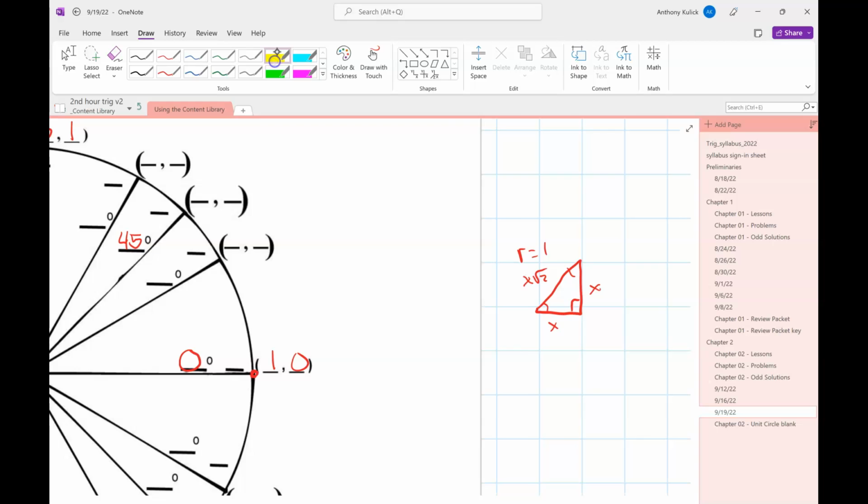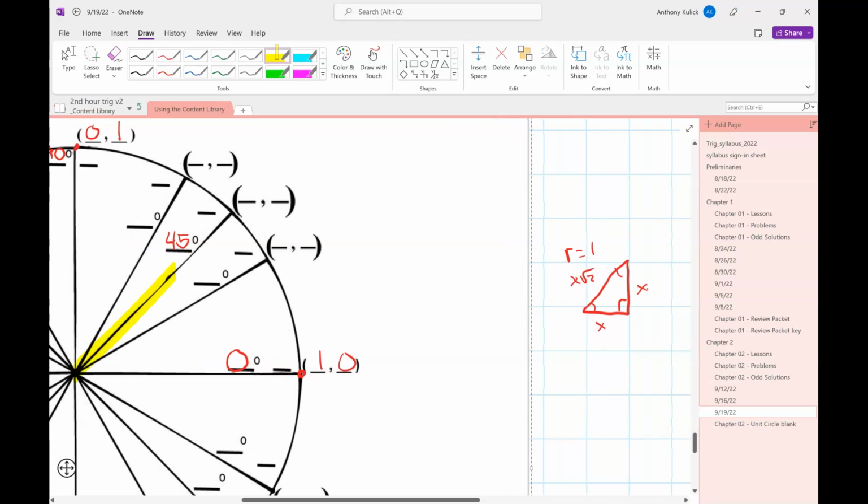Because what I'm really drawing in here is that reference triangle. Everybody agree? So the hypotenuse of that needs to be equal to 1. Let's actually call those sides a. What should my value of a be? A times root 2 has to equal 1. What does a have to be?